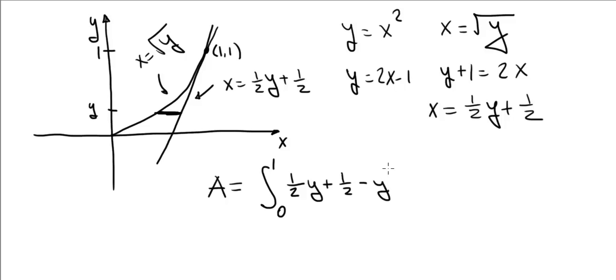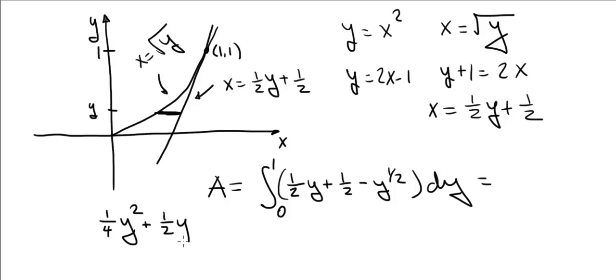Let me write it as y to the 1/2, and integrate with respect to y. So this is equal to 1/4 y squared plus 1/2 y, and the integral of y to the 1/2 is minus 2/3 y to the 3/2. We're going to evaluate this from 0 to 1.